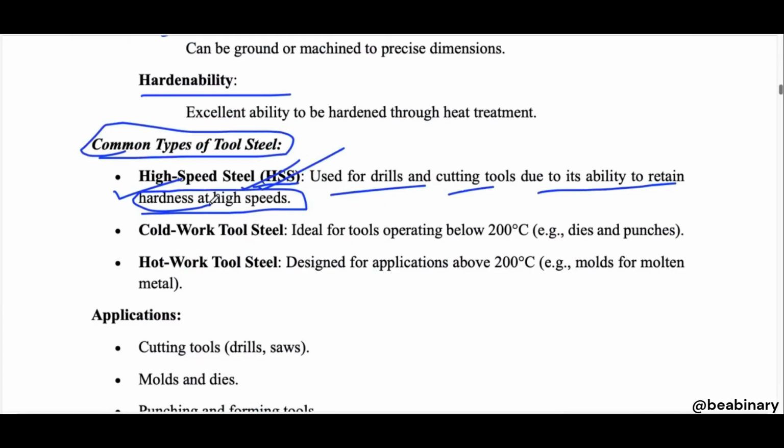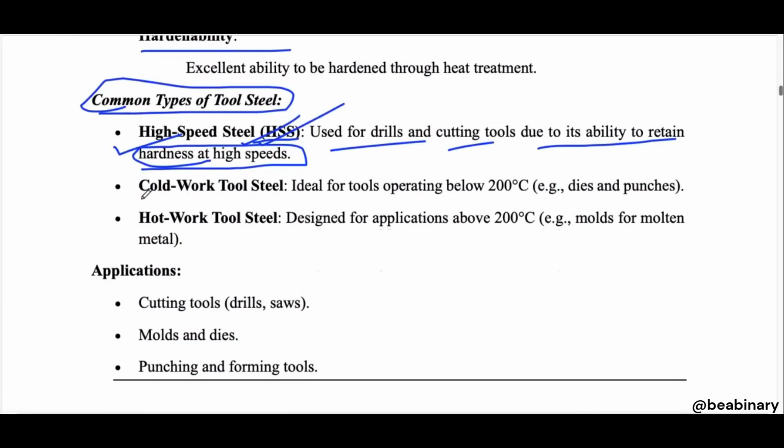But what is required here is that at a high temperature they must not become soft, otherwise they will lose their hardness. And if they lose their hardness, it means they are soft, and as soon as they are soft, they are compromising their main behavior, their main objective. It means they will not be able to cut the materials, and the machining will not happen further.